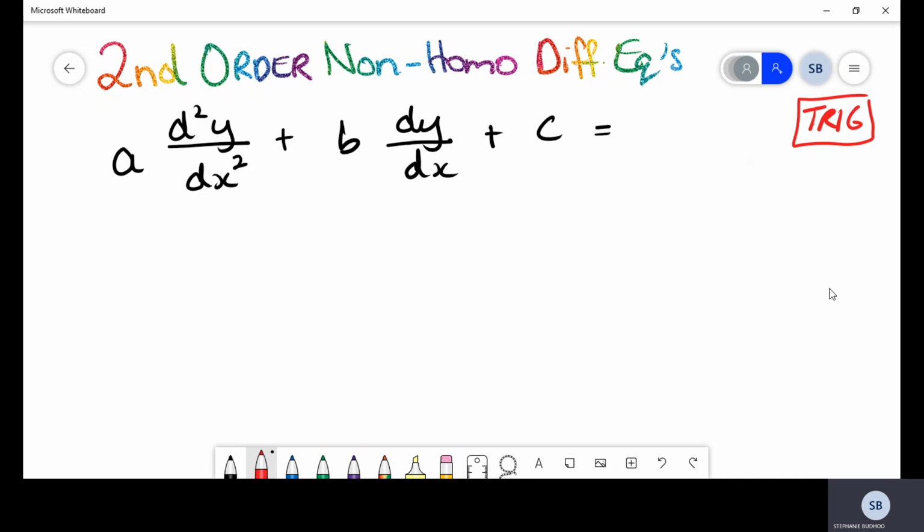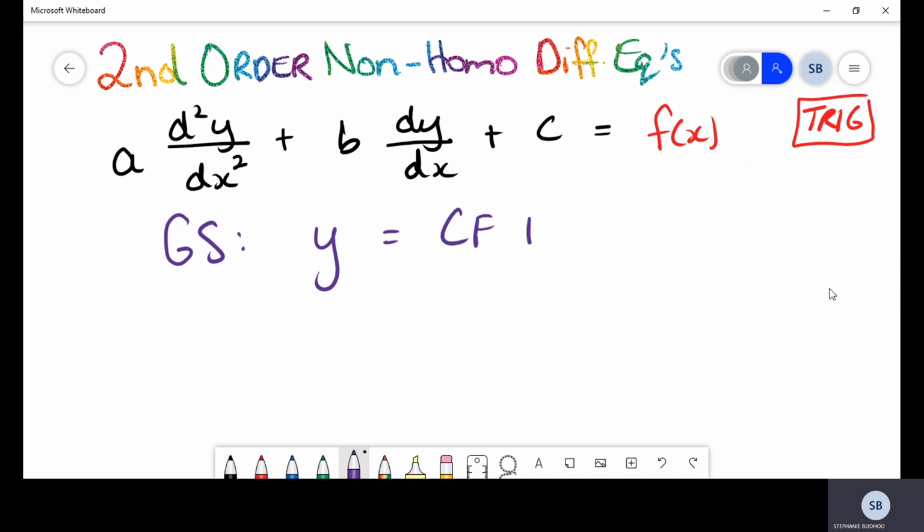All right, so when our function is some form of a trig, what's a general solution for a non-homogeneous differential equation? Well, essentially, it's going to be the same: your general solution is simply going to be equal to your complementary function plus your particular integral.